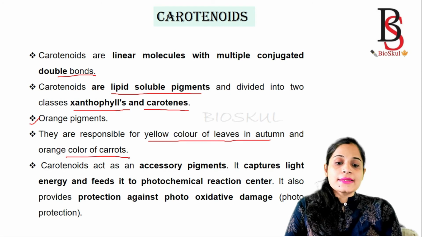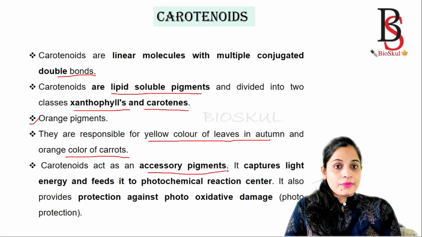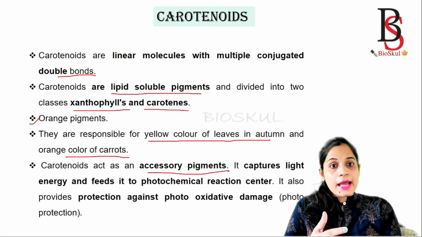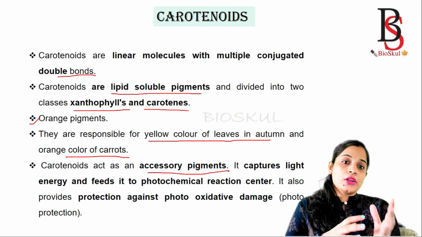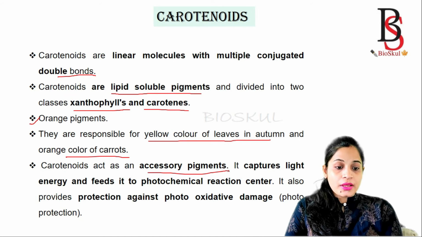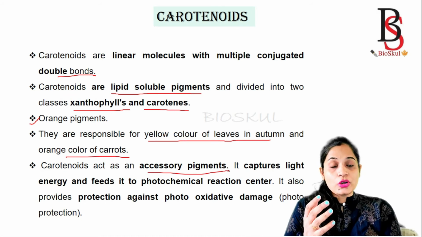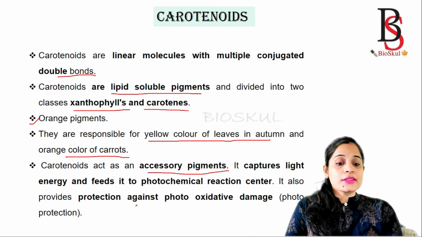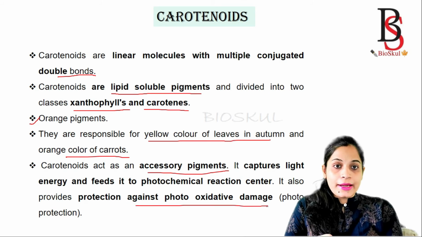Carotenoids act as accessory pigments: they capture light and feed it into the photochemical reaction center. Another function of carotenoids is to protect against photooxidative damage.